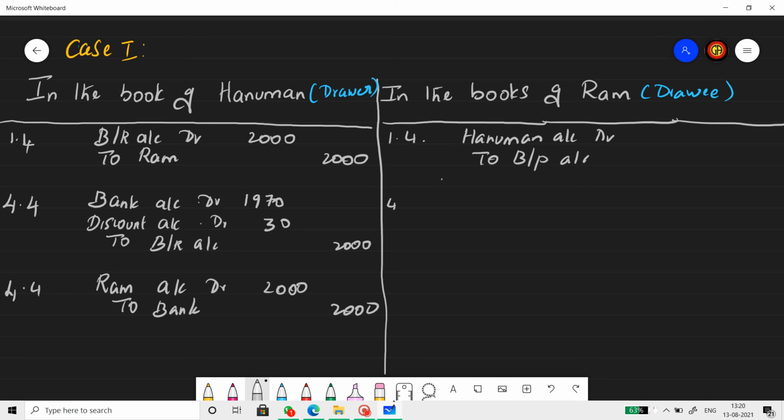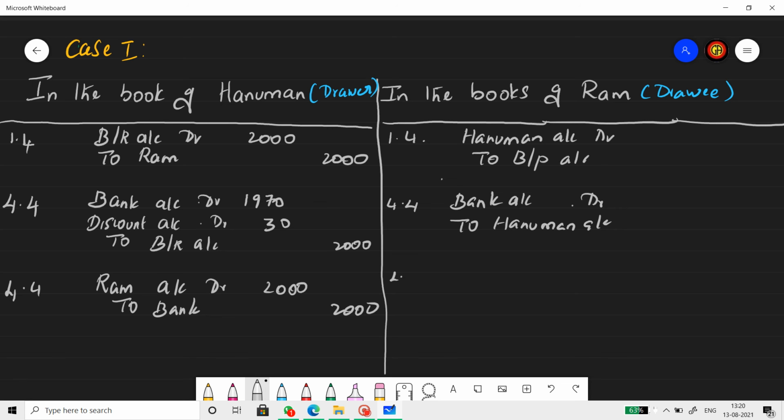On 4/4, Ram receives the check sent by Hanuman, isn't it? So bank account debit to Hanuman account, being check received from Hanuman.